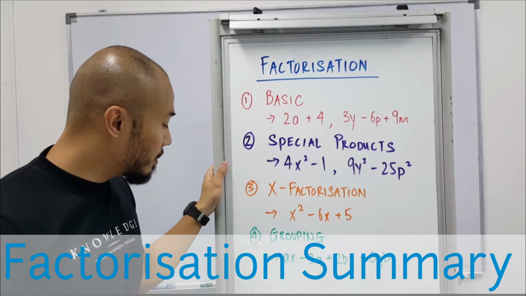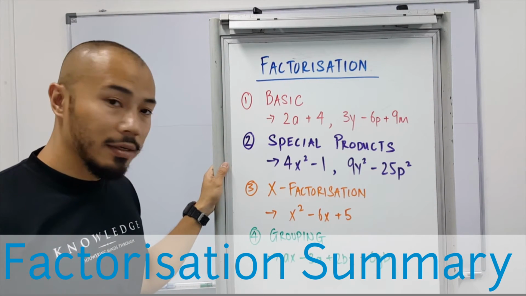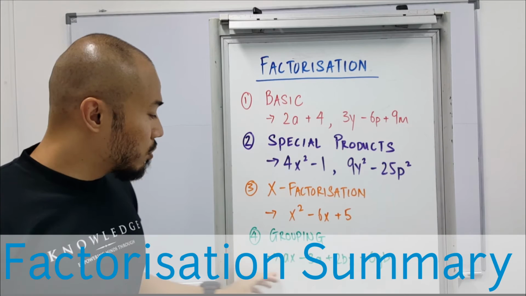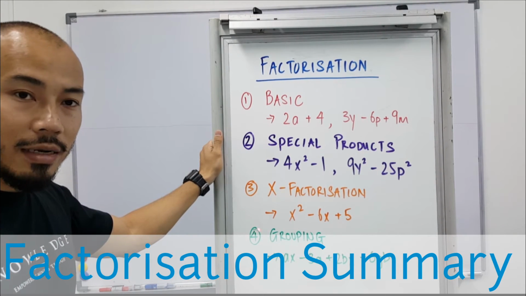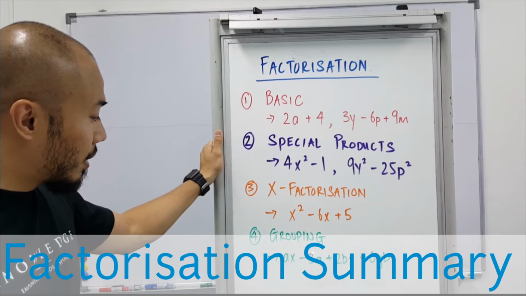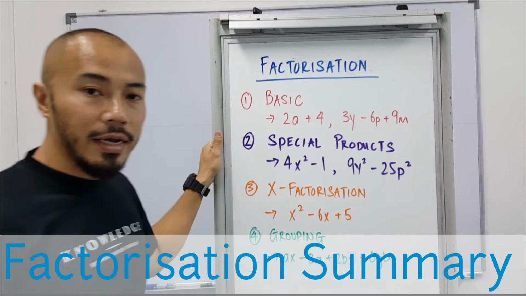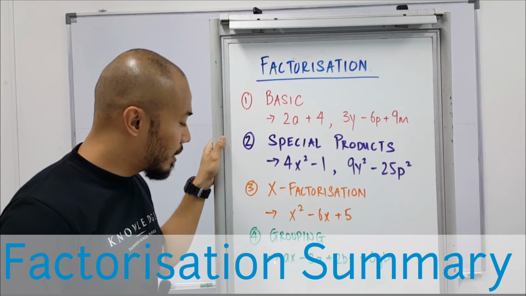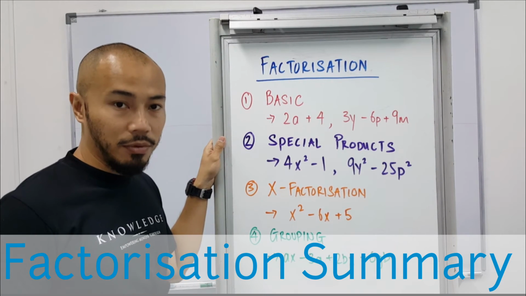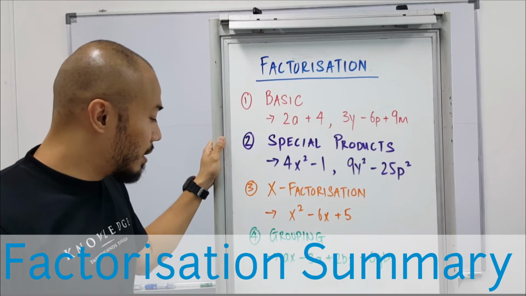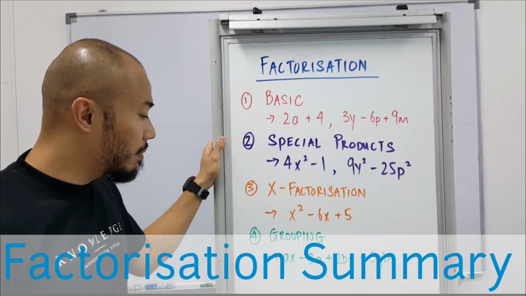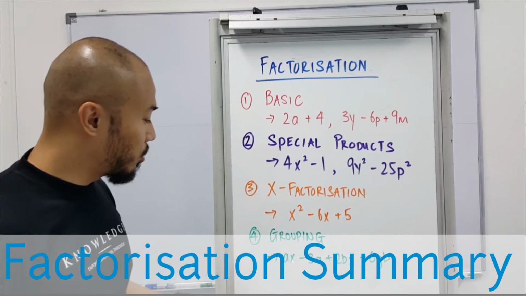Alright, and the last one is factorization by grouping. The feature of grouping factorization is you have 4 terms. So this is given the number 4 here. It is very rare that you will see squares inside this grouping factorization, but it's not impossible. And the second thing is you will see there are different kinds of factors available between these 4 terms.